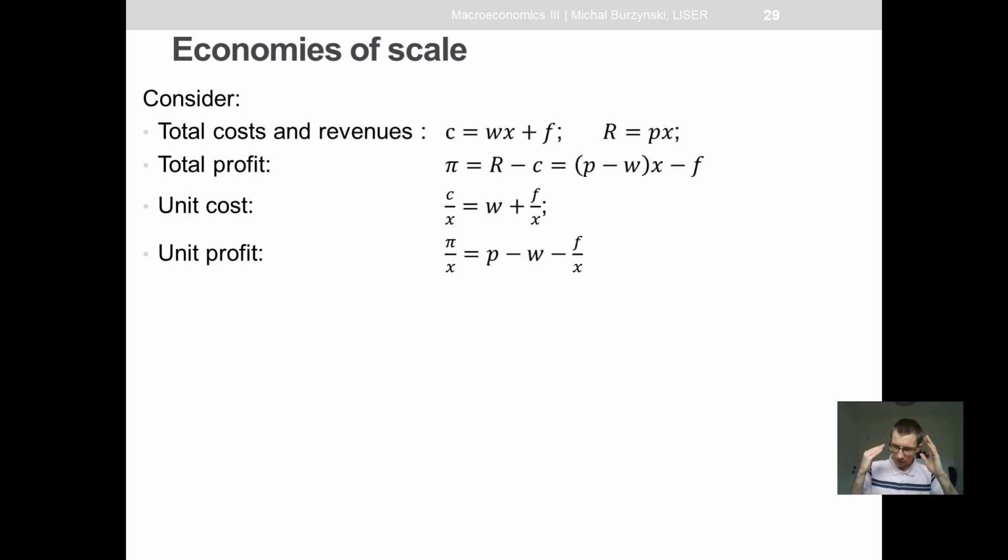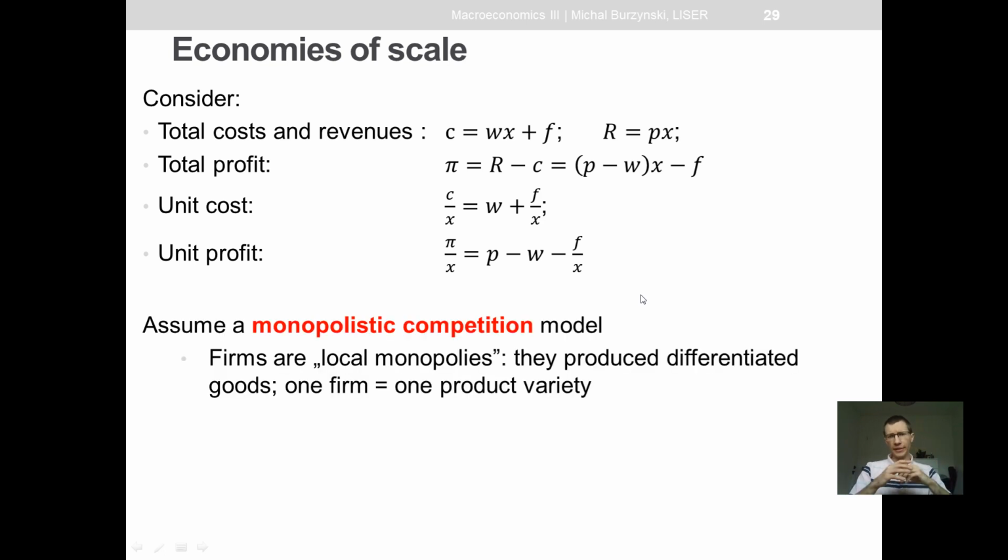All right, and this particular source, this decreasing unit costs with the volume of production and increasing unit profit with the scale of production, gives us a very good ground for defining something which is called a monopolistically competitive market.